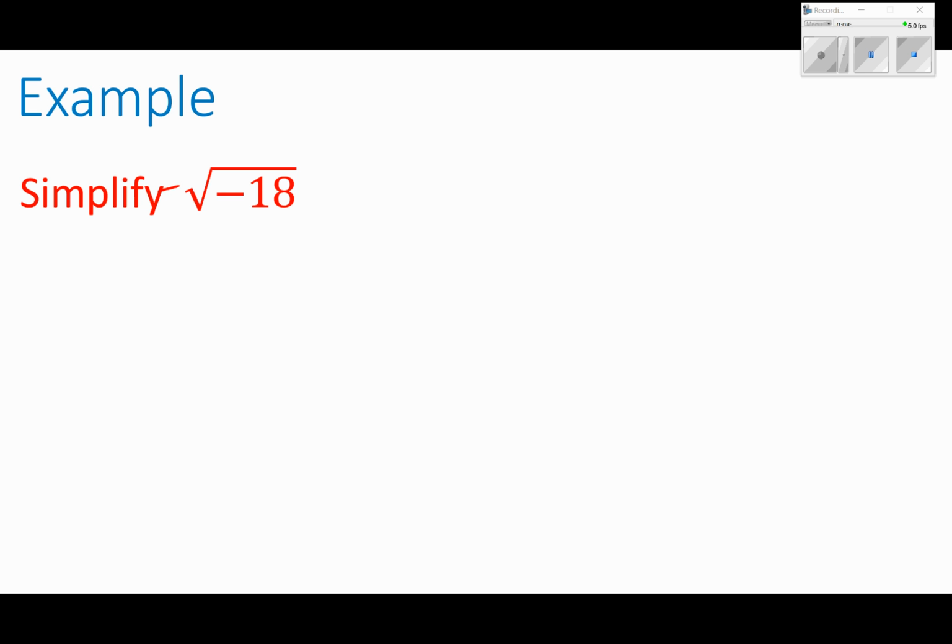Okay, what about simplifying square root of -18? All right, you do that one. So this one's pretty straightforward again. We can rewrite this as -1 times square root of 18. Square root of -1 is I. Square root of 18 in simplest form. What is square root of 18 in simplest form? 3 root 2.